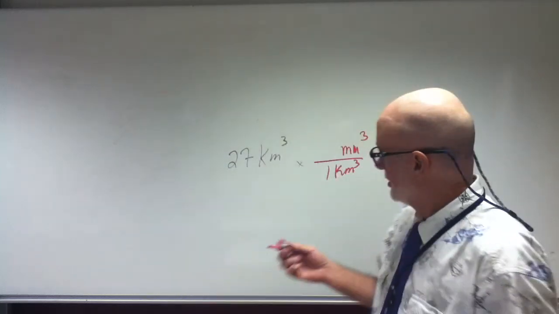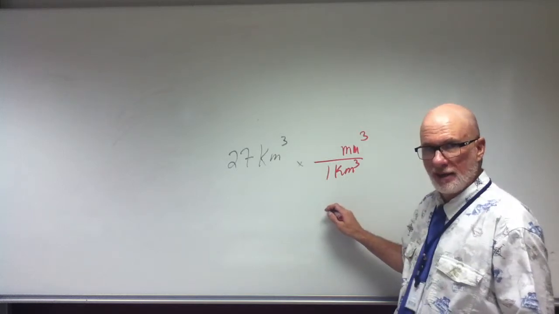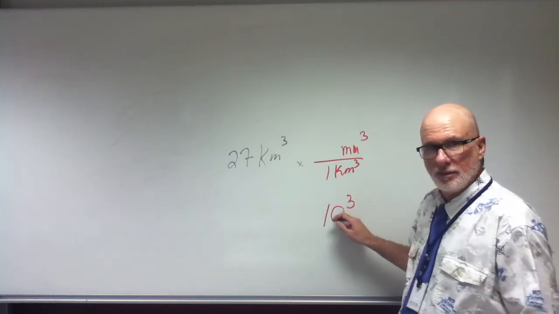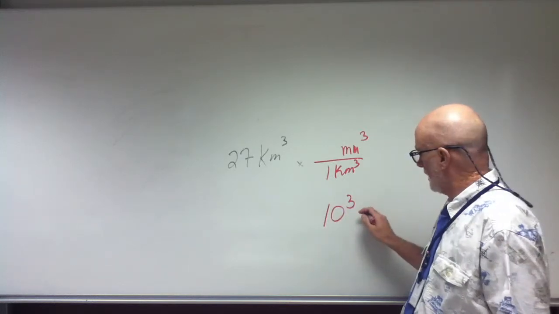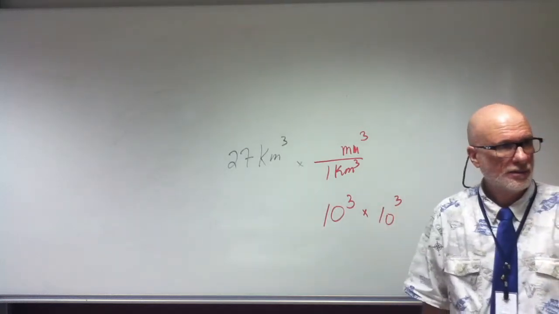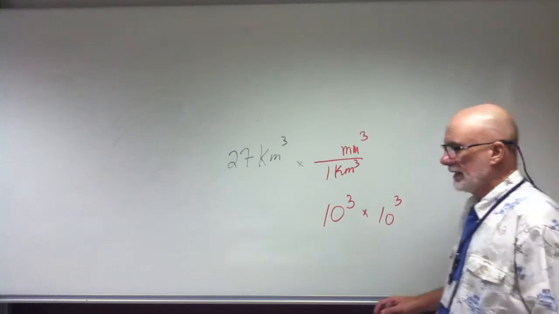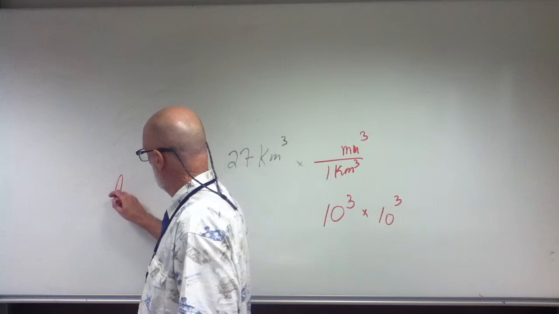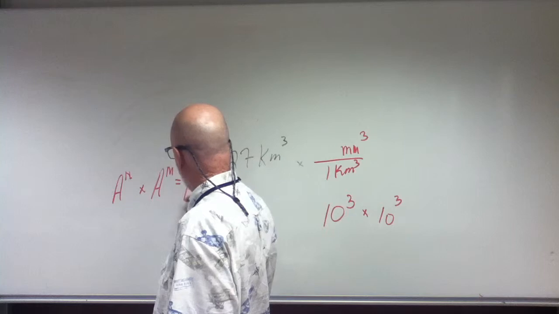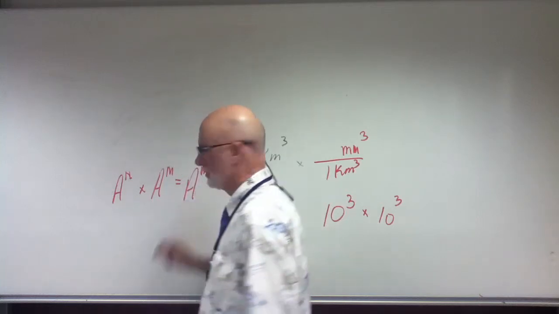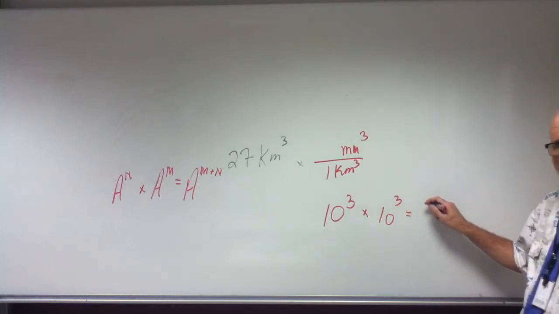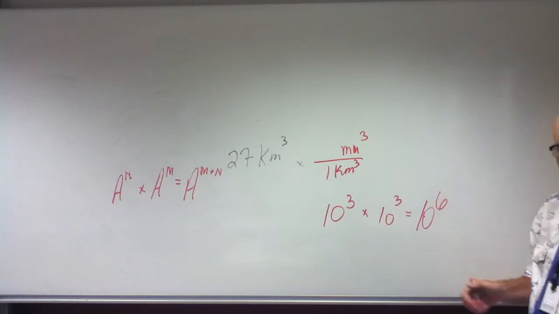So in other words, there's 10 to the third meters in a kilometer, and I'm going to multiply it by 10 to the third millimeters in a meter, and I know the rule a to the n times a to the m equals a to the m plus n. So that's going to equal 10 to the 6th.